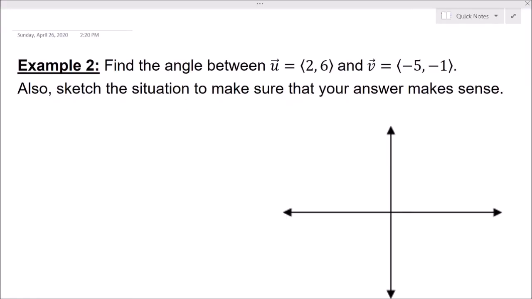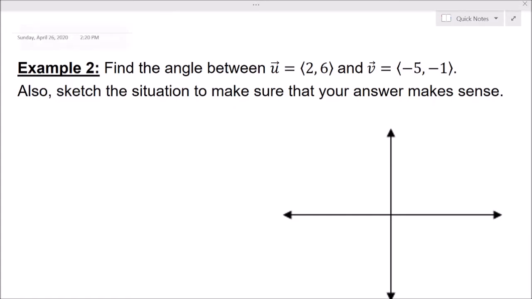So here's an example. Find the angle between these two vectors u and v. Also sketch the situation to make sure that your answer makes sense. So let's do a rough sketch of the situation first. Let's see, u is (2, 6), so right 2, up 6, so maybe something like this. Here's u.